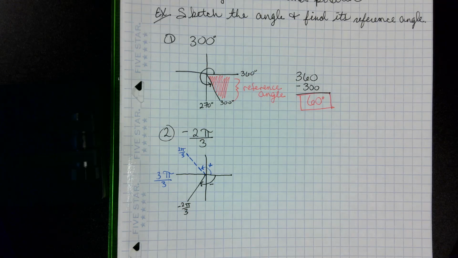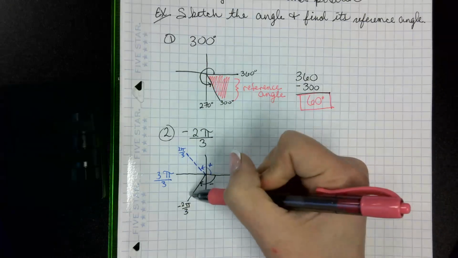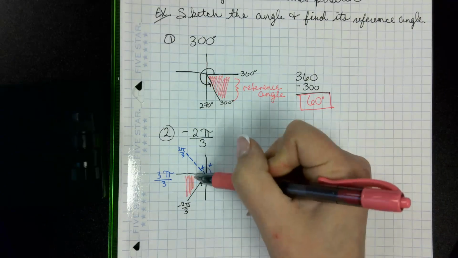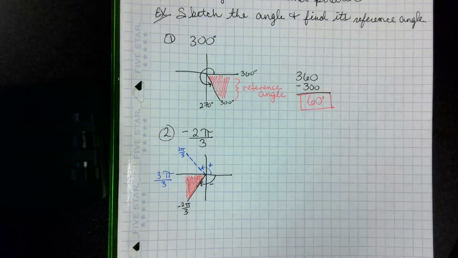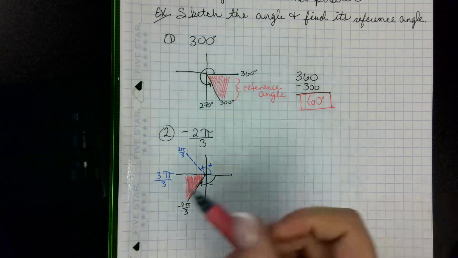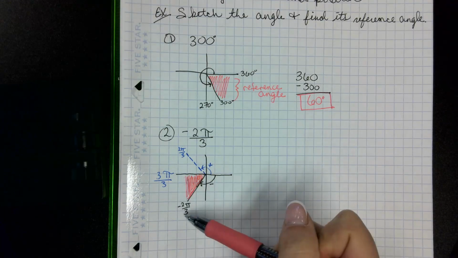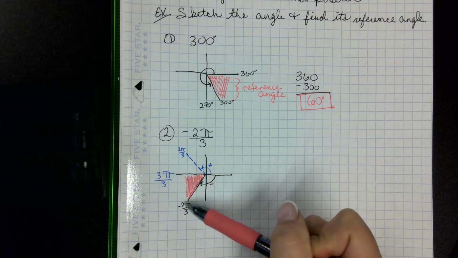All right, so now I need to find the reference angle. Reference angle is the shortest way to the x-axis. So the shortest way to the x-axis is going to be here. Just connect to the x-axis. That acute angle is between 3 pi over 3 and negative 2 pi over 3. So I just want to know what is the value between these.